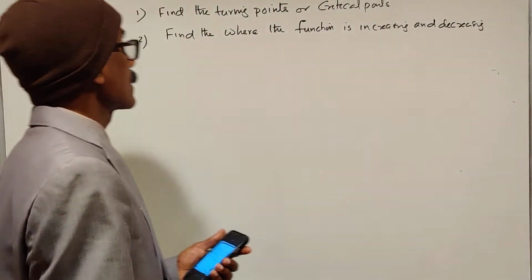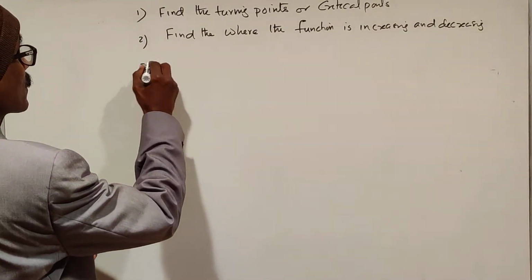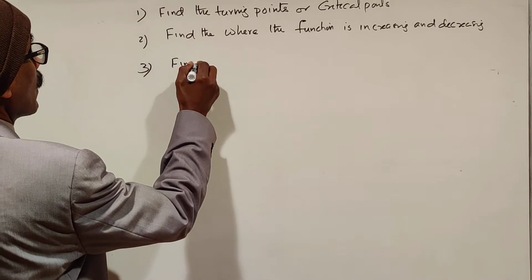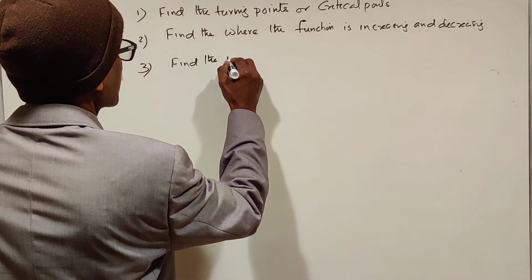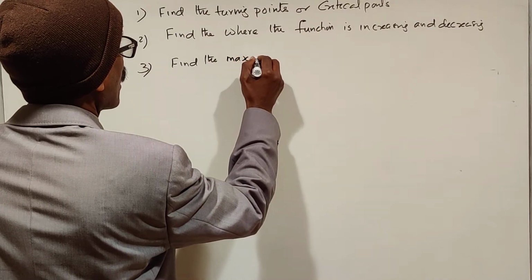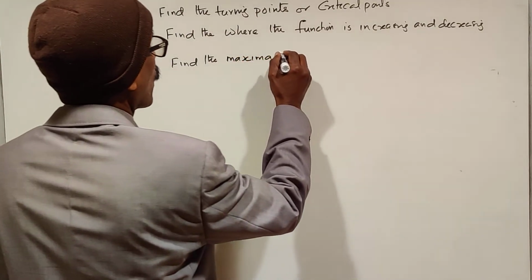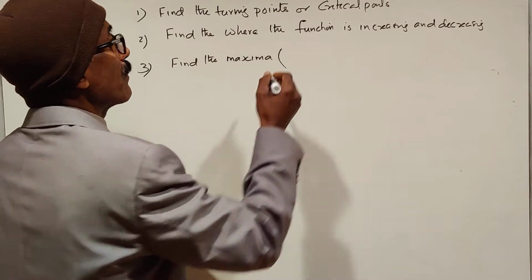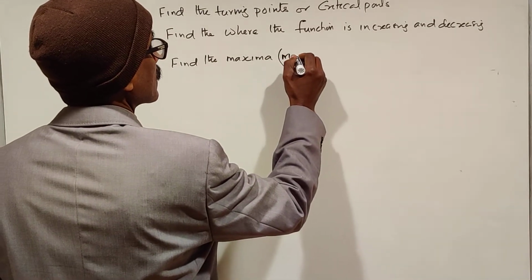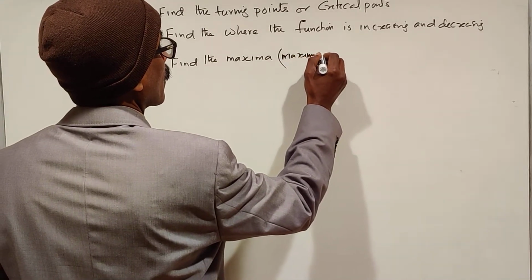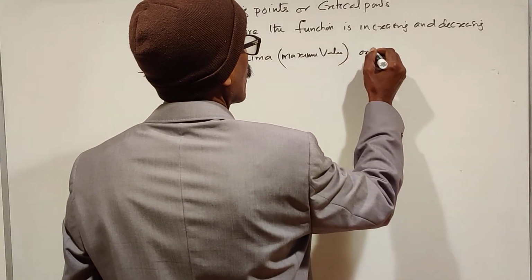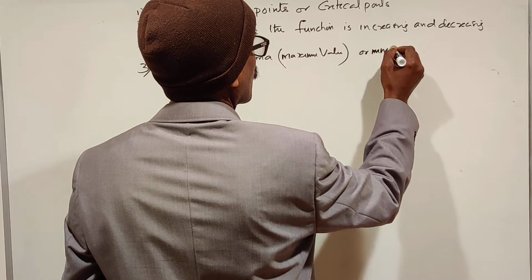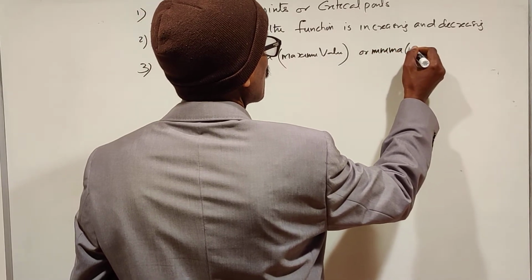So that is the question. Then the third, the last one, find the maximum, find the maxima. Maxima means maximum value. Or minimum means minimum value.